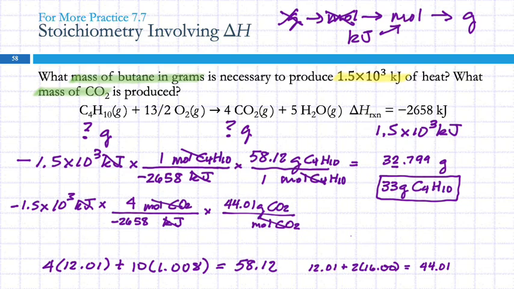So negative 1.5 EE3 times 4 divided by negative 2658 times 44.01. 99.35 grams, so 99 grams of CO2 would be produced.